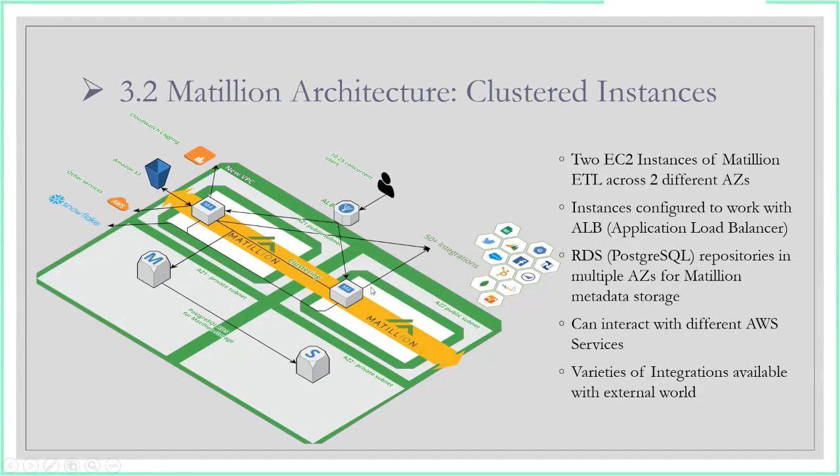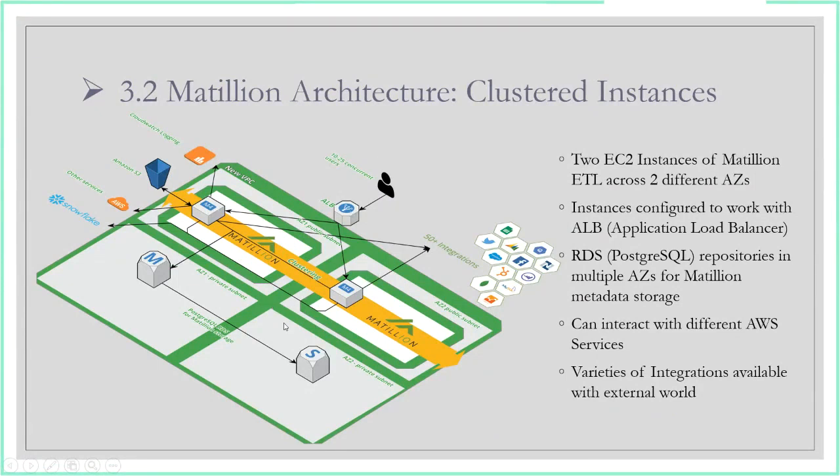Since these two are different machines, they will have two independent IP addresses, right? But for the user, there would be a single IP address provided by the application load balancer, ALB. So when the user logs in using this ALB, he or she doesn't know to which Matillion instance, either in AZ1 or AZ2, they are logged in.